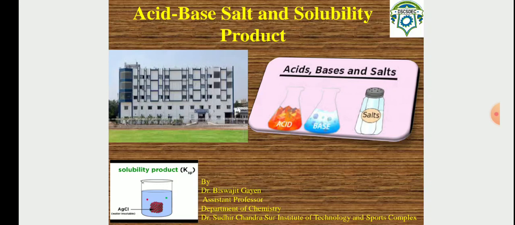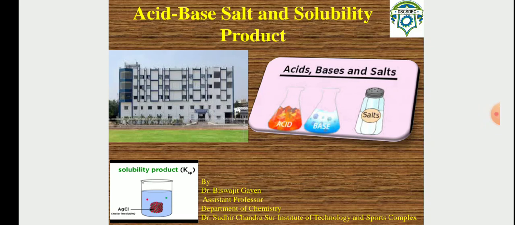From the 10th class, 12th level, you already have some idea about this. Very simply, the acid is the species or substance which produces H+ in aqueous solution, and a base or alkali produces OH- in the solution.